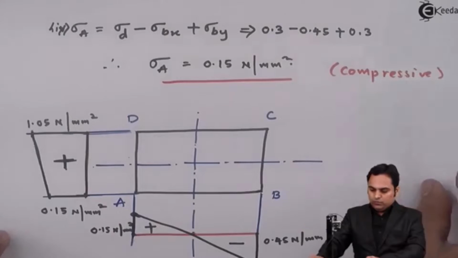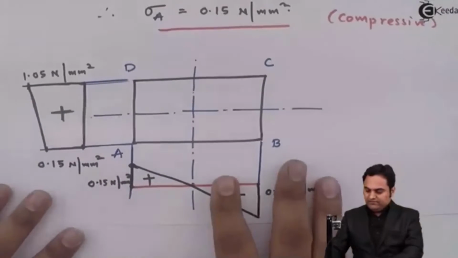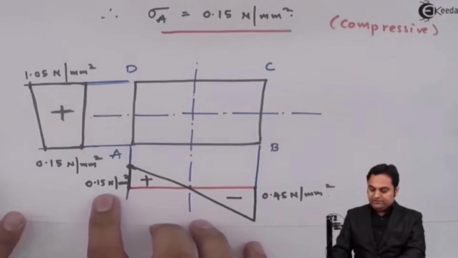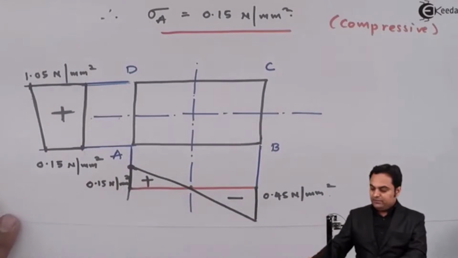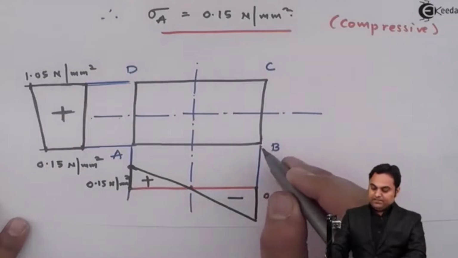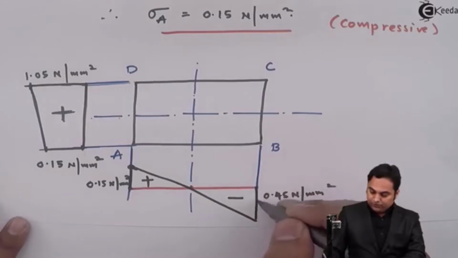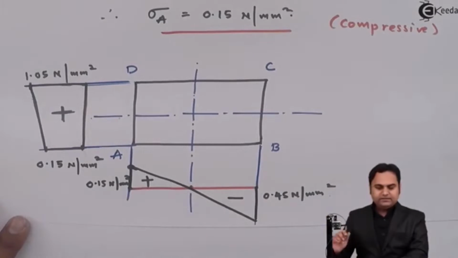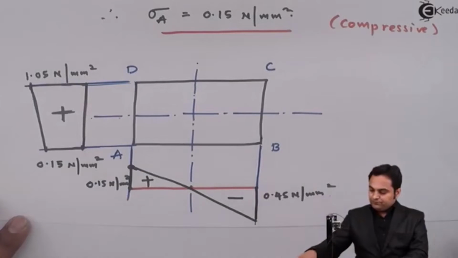So now here we have these triangles. The positive triangle is for stress at A because it is compressive. So compressive stress is positive here. At B the stress is tensile, so it is negative. In this chapter we treat tensile stress as negative.